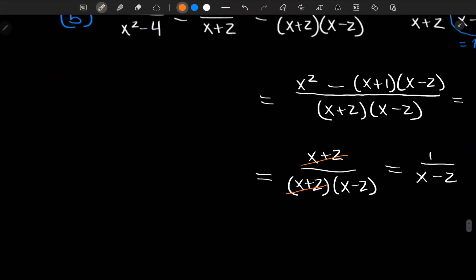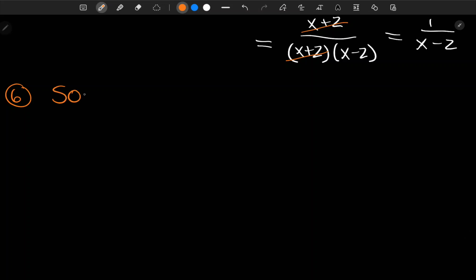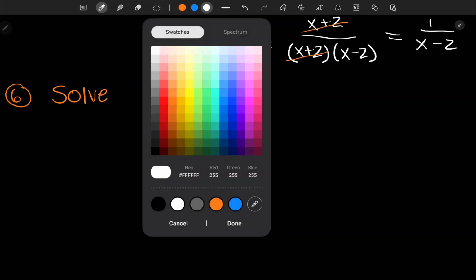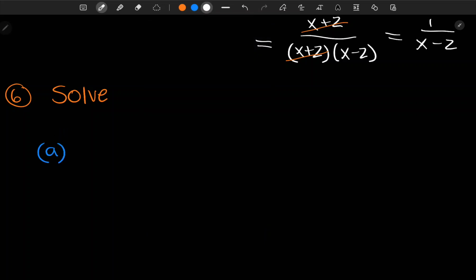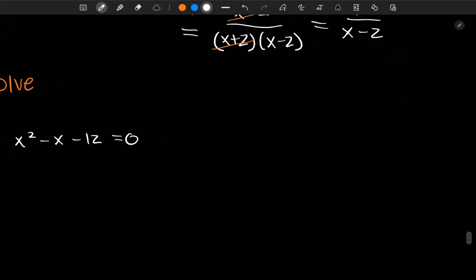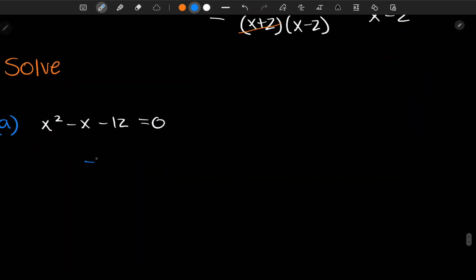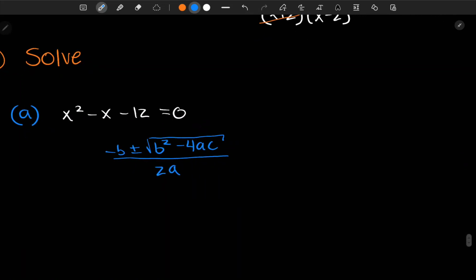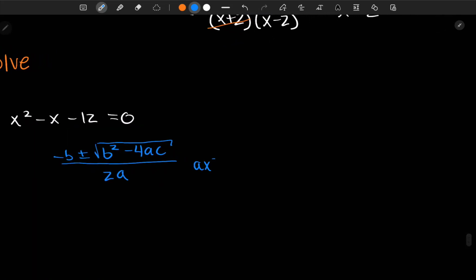So, for example, given the equation x squared minus x minus 12 is equal to 0, you can utilize the quadratic formula, which, as a reminder, is negative b plus or minus the square root of b squared minus 4ac all over 2a, for an equation given by ax squared plus bx plus c is equal to 0.